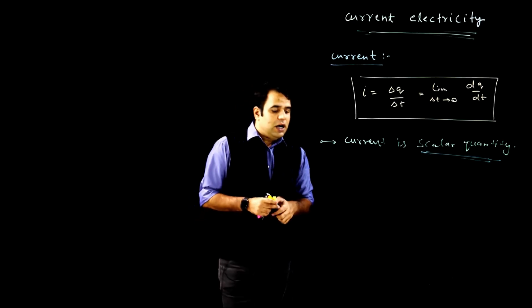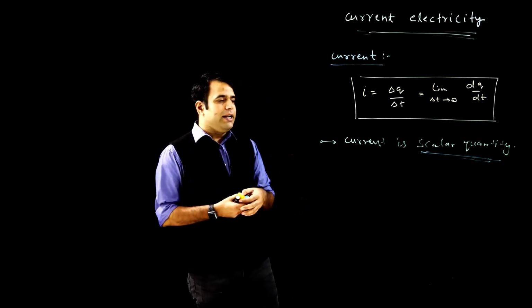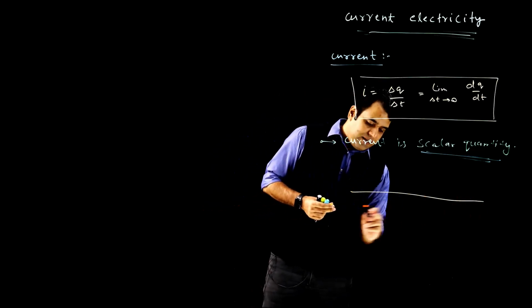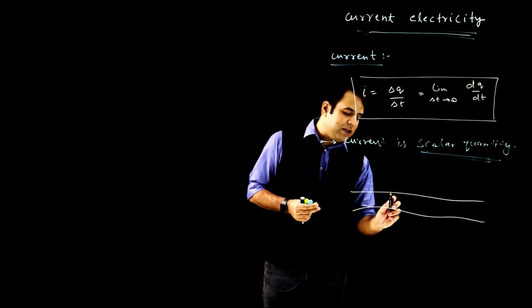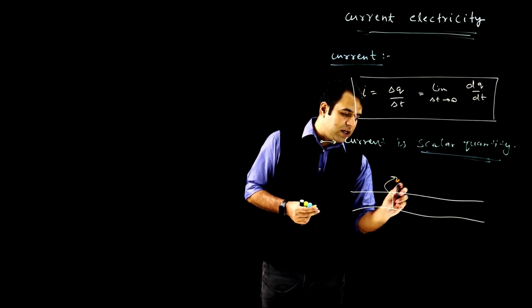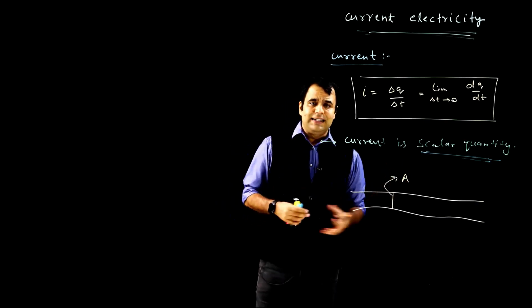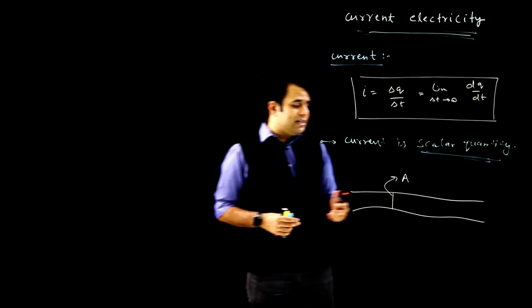Okay. When we go about calculating the value of current in a conductor, suppose there is a linear conductor with a cross-section area A. Let's say this linear conductor is carrying the charge density n.